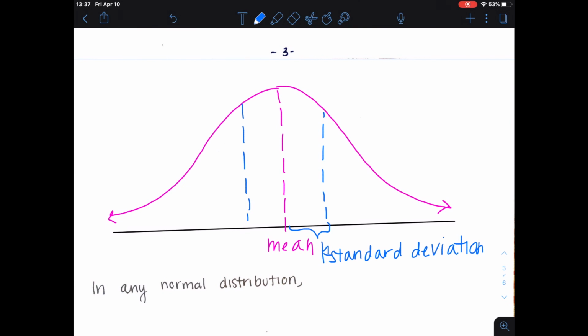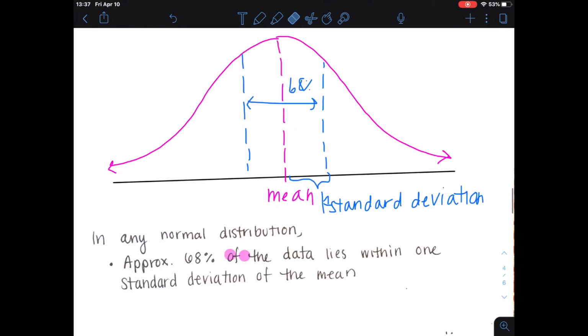The great thing is, between these two values branching off one standard deviation on each side, 68% of the data is going to lie within these two values. Okay? So 68% of the data lies within this one standard deviation.